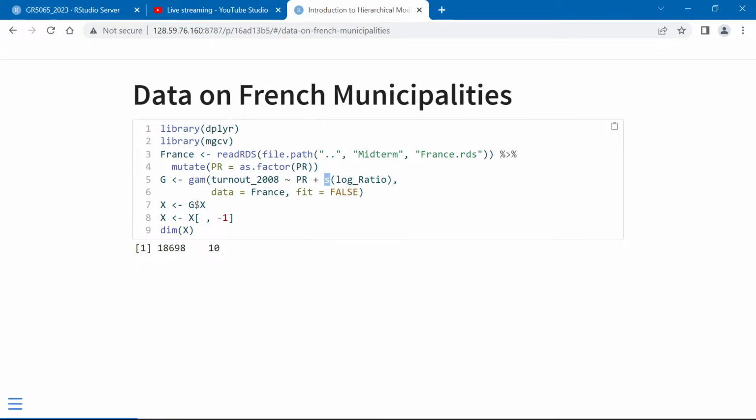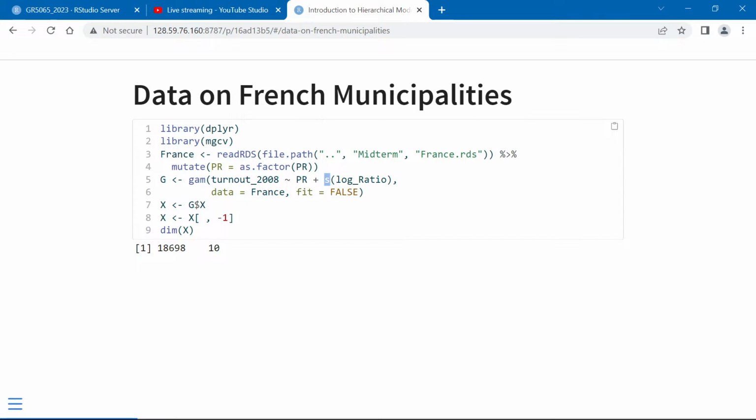So this is saying turnout in 2008 is going to depend on whether the municipality had a PR or a plurality system, and it's going to be some smooth function of the logarithm of the ratio of the population to the threshold.